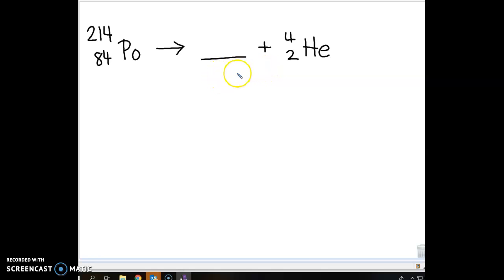We need to balance this or complete it, okay? I'm looking for this missing element in my blank. I've got an alpha particle here, so I'm going to subtract. Because I've got 214 as my mass number over here, I subtract the 4 that's already here, okay? So 214 minus 4 gives me 210. So I know that in my missing element, my mass number has to be 210.